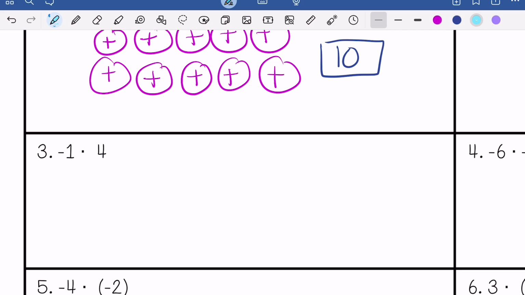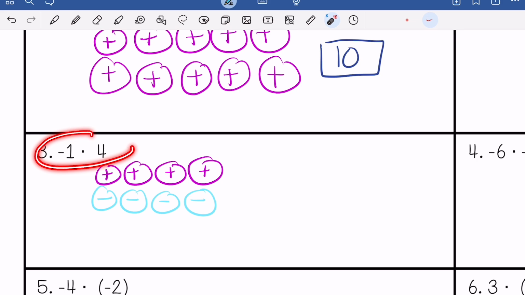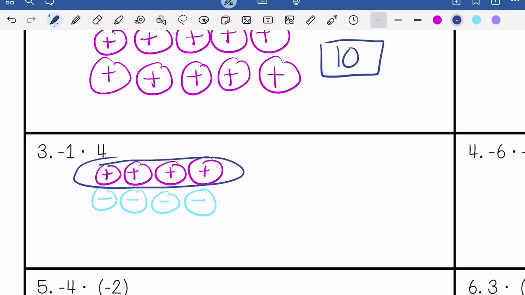So I am going to draw four zero pairs. In my mind, this expression says take away four positives. Take away one group of four positives. So I'm going to take away one group of four positives, and that leaves me with -4.